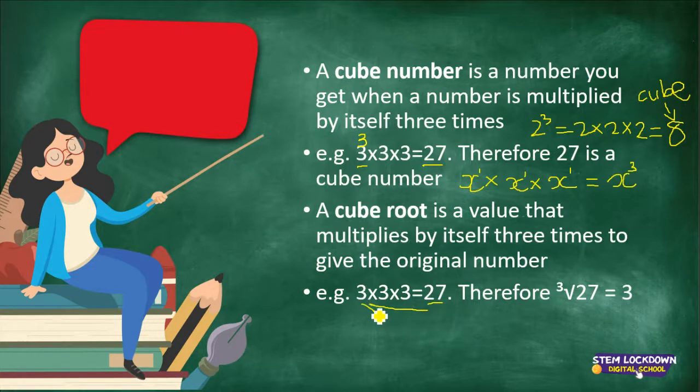So the cube root of 27 is 3. By the way, this is how you write a cube root. For a square root, we don't write the 2, but this is a square root.